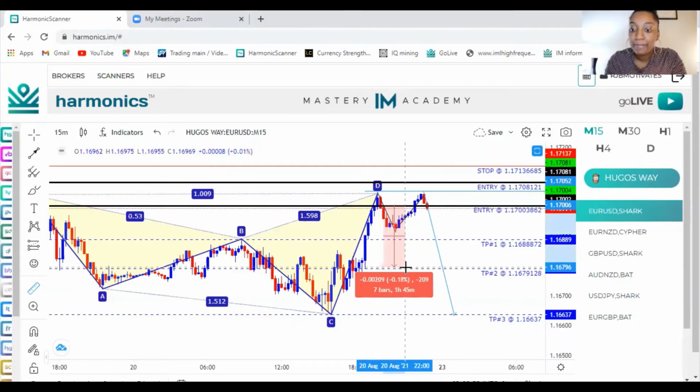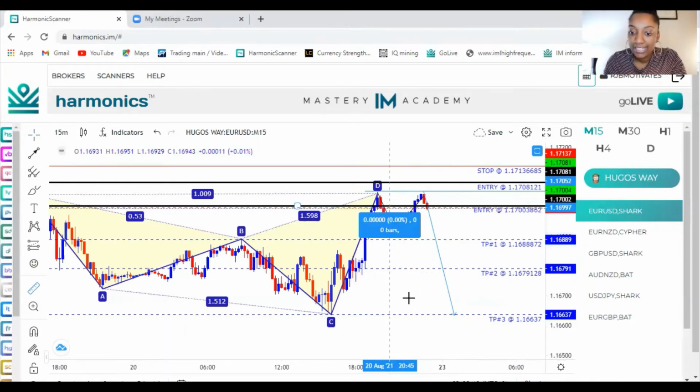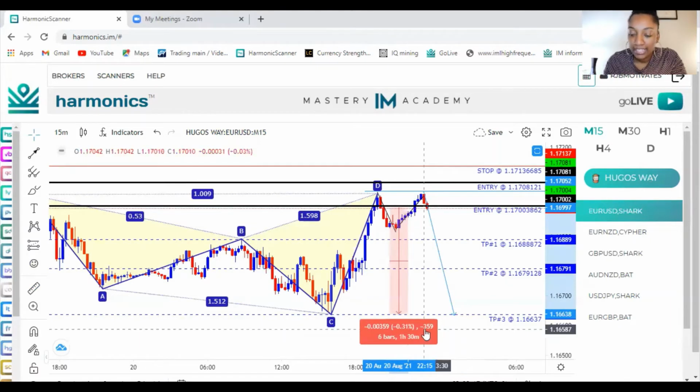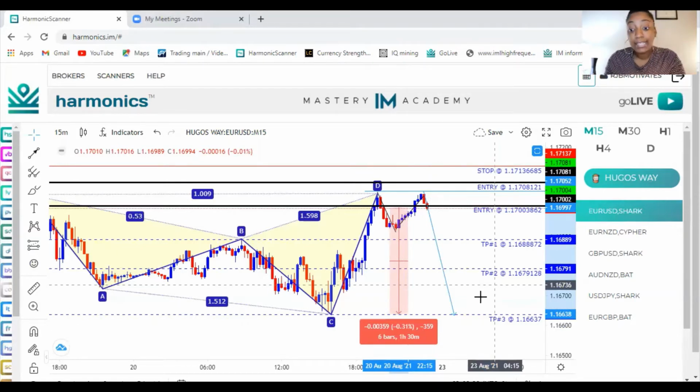Or if you allowed price to continue and hit TP2, that's about 20 pips or so, you would be up $200 on a standard on this trade. Or if you entered the trade and allowed it to hit TP3, that's about 35, 36 pips, you would be up about $350 on a standard.